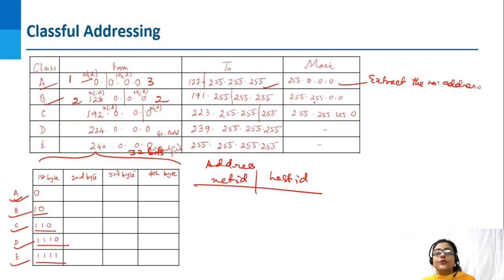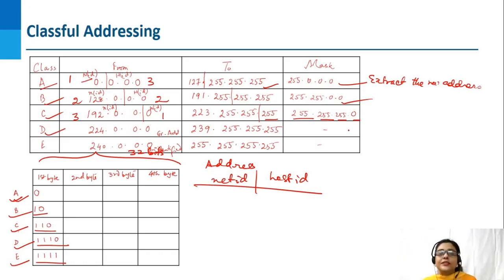And the masking is 255.255.0.0. For class C, there are 3 net ID bytes and 1 host ID byte. Starts from 192.0.0.0 to 223.255.255.255. And the masking is 255.255.255.0.